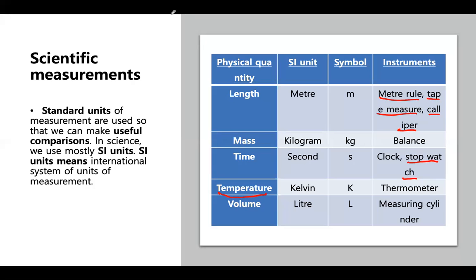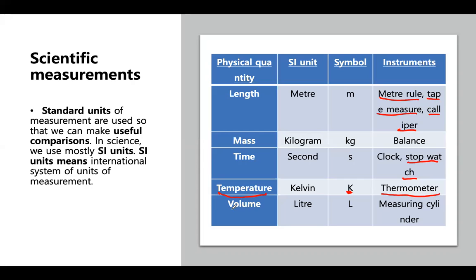In real life, in your everyday life, you might measure in degrees Celsius, but in science, we convert degrees Celsius to Kelvin for important calculations. The symbol for Kelvin is K, and the instrument is, of course, the thermometer.